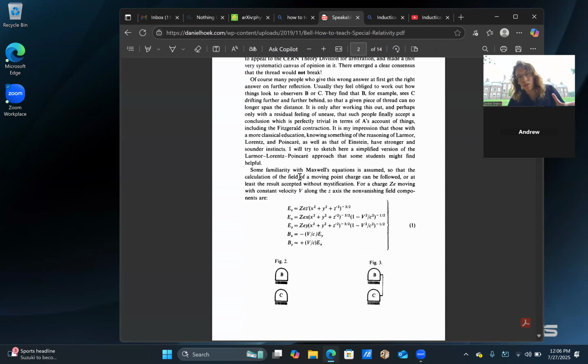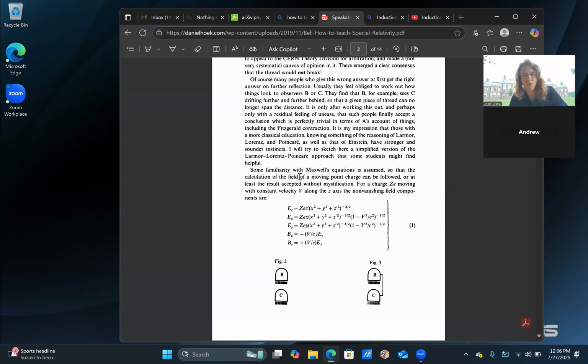The point is, all of these objects are actually made out of atoms and they hold together by electromagnetic interactions. So each charge creates an electromagnetic field, which other charges can interact with.